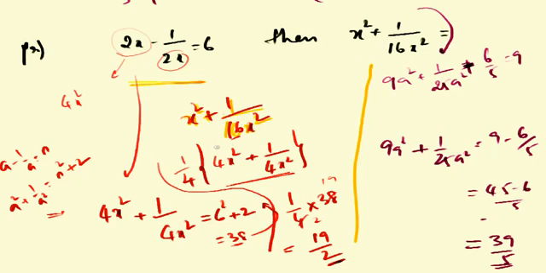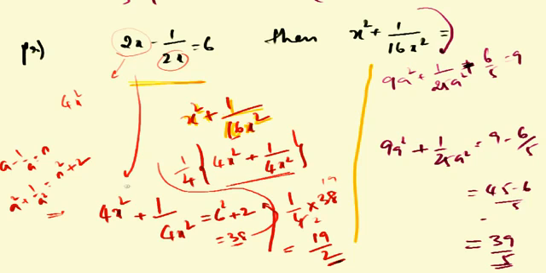Question only I arranged: x square plus 1 by 16x square. What I took is, I took out 4, so that it has become 4x square plus 1 by 4x square. I did this purposefully, by looking at the problem. This is 2x squared, 4x square. So you know that when a minus 1 by a is equal to n, a square plus 1 by a square is nothing but n square plus 2. So in such a way we have done the problem.